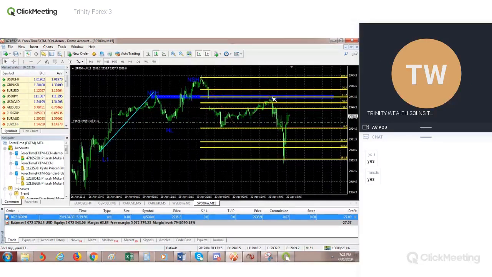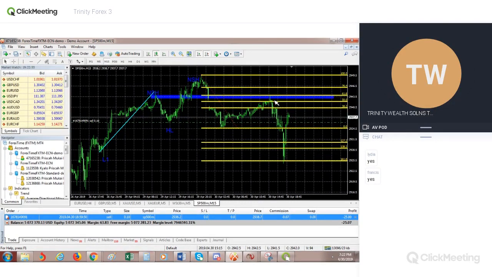So here would have been a good entry to sell. Actually, I had sold earlier in my live account, but I show you what made me enter that entry. So expect the market to go down, so you enter your sell there, right? Because you expect the market to continue moving down. And of course, it gave us a very nice new structure low, which is lower than the previous one, okay?